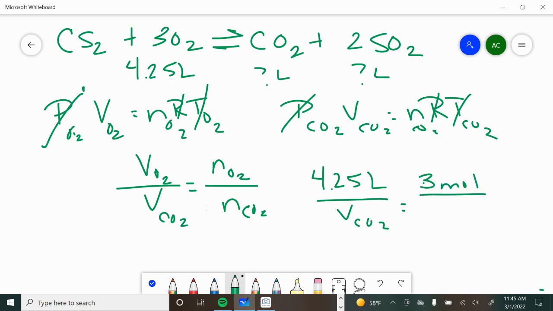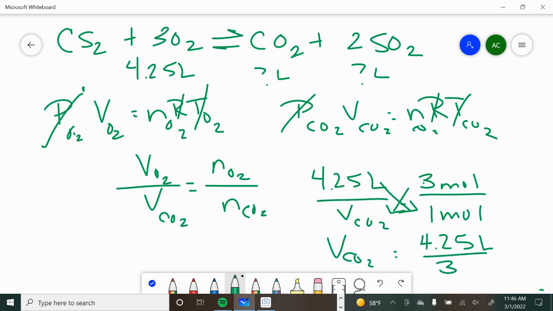How many moles of CO2 do I have? 1. So how do I solve for V? It's a proportion, so cross multiply and divide. So my volume of CO2 is just going to be equal to 4.25 liters divided by the 3 moles. And then I'm going to do the same thing for SO2. Set up a proportion like that.